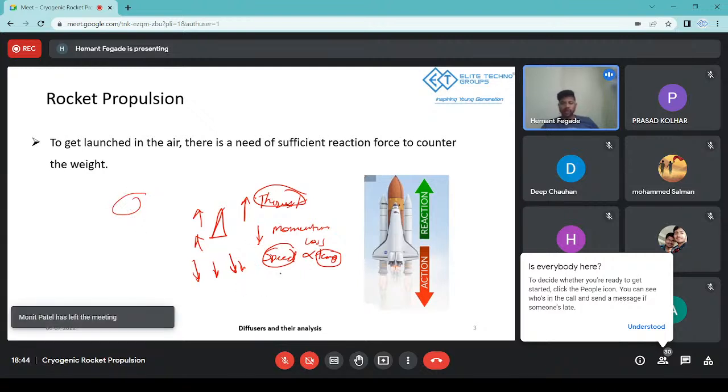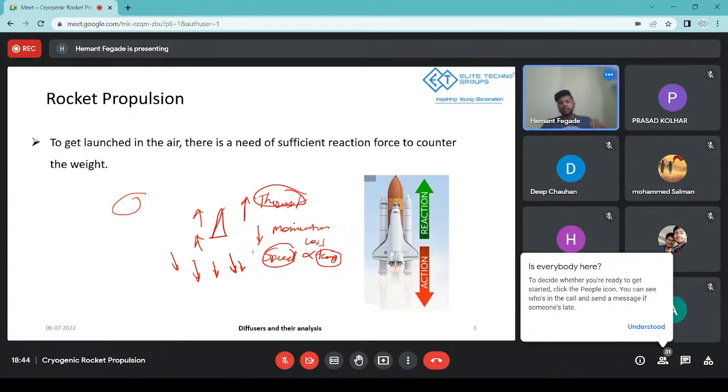Second, your exhaust gas should burn at a rate at which it is exhausted at a higher rate. And ultimately, the speed is also a function of temperature. If your exhaust gas has a higher temperature, automatically it will have higher speed while exhausting, and accordingly you will get higher thrust.